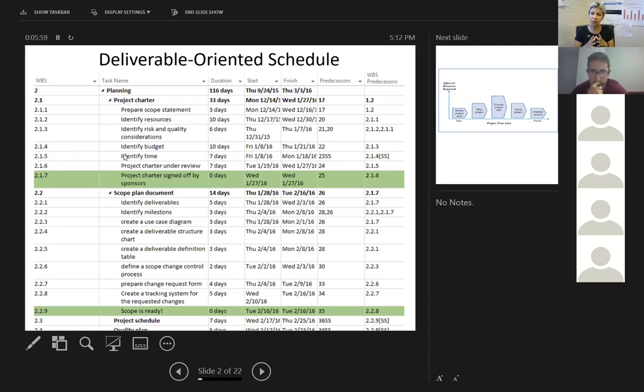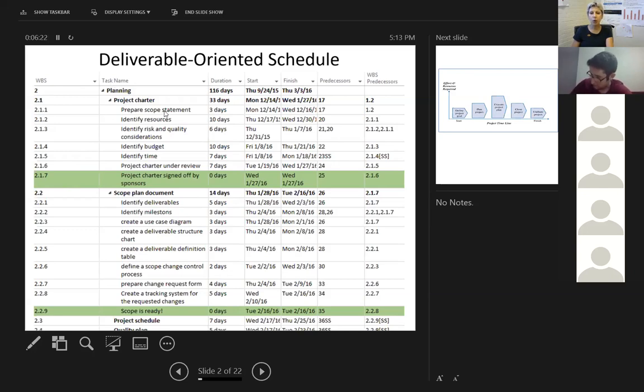A specific type of work breakdown structure and a specific style of doing work breakdown structures that we're going to follow in this class. We call it deliverable oriented work breakdown structure or schedule. You go from project to phases, phases to deliverables, deliverables to activities.